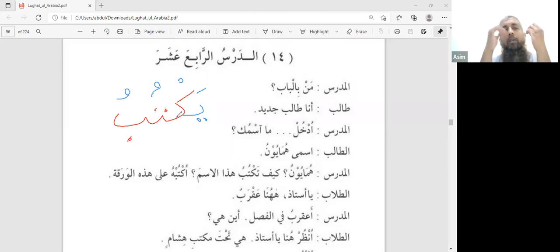So how do we construct the command form of the verb? We take the mudari' or the present tense and we just modify it slightly. How do we modify it?